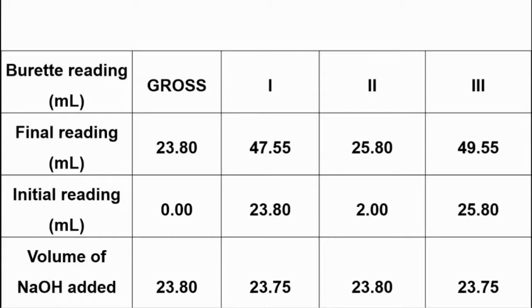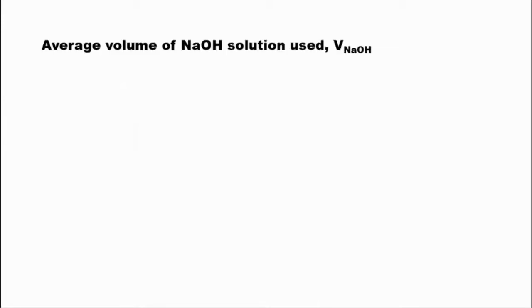So remember how to determine whether the volumes from the titration are consistent or not. We are going to base it on the difference between the values. So let's say the difference is just 0.05 or less than 0.05, so we can say that the readings are consistent. Then we need to determine the average volume of sodium hydroxide used in this titration.